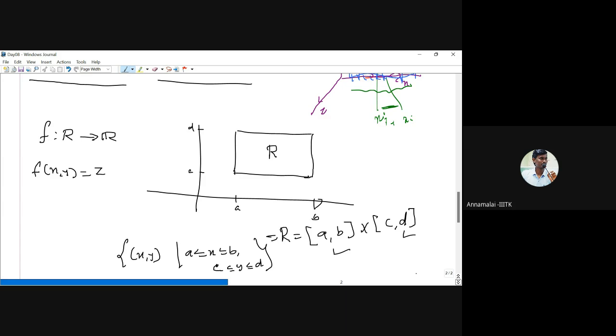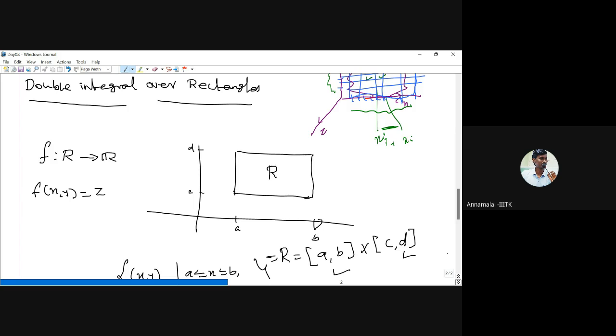Now, what is the volume bounded by this? For each point, if you take some point x i, y i here, it maps to somewhere. If you take any points here, each maps to somewhere.